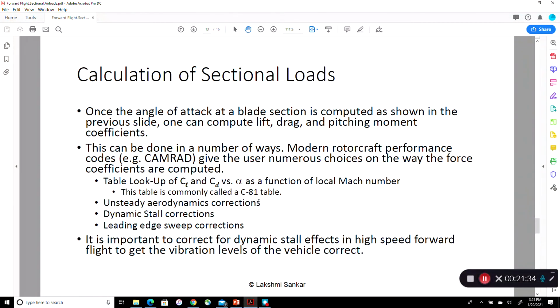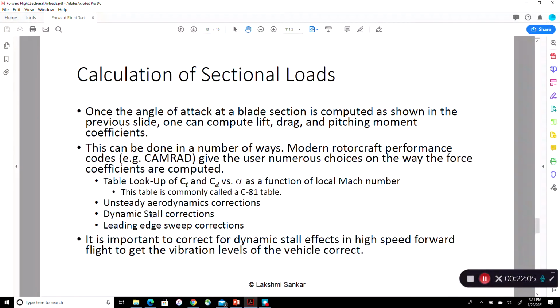The lift does not instantaneously increase. It takes a finite amount of time, because it takes roughly 6 chord lengths of travel before the full effect of that 1 degree is felt in the CL. So the unsteady aerodynamics accounts for the delay in the buildup of lift and also the buildup of pitching moment, because of the time delay that takes place as the wake has to convect past the aerofoil.